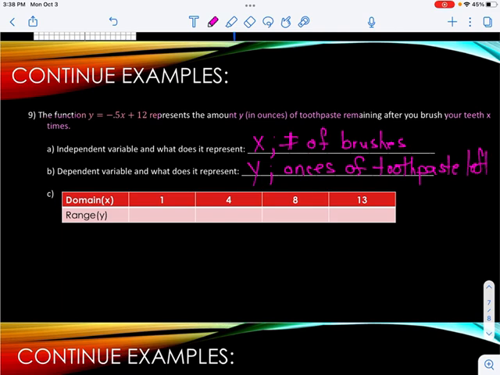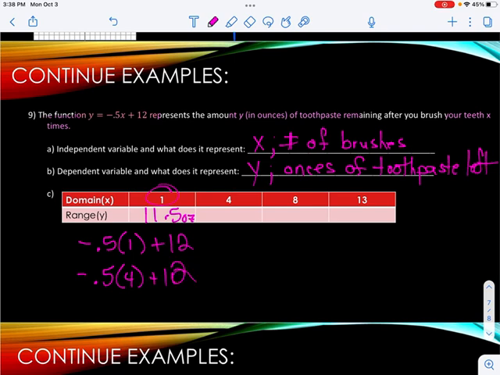So now if I said, okay, what's the domain and range? If I brushed my teeth 1 time, I would plug that in for the x and add 12 to that. Well, -0.5 times 1 is -0.5. Add it to 12, we would get 11.5 ounces left. Then what if I brushed my teeth 4 times?